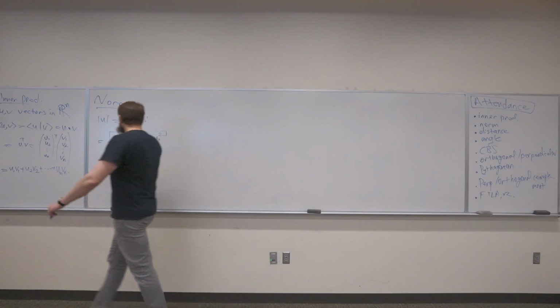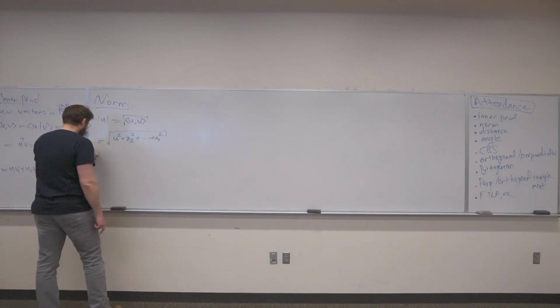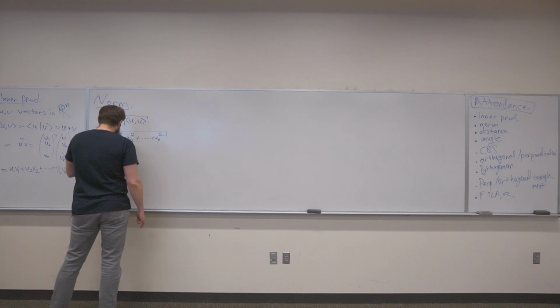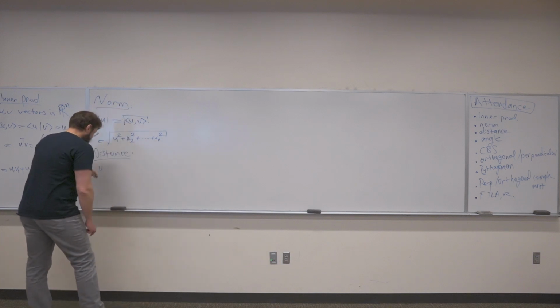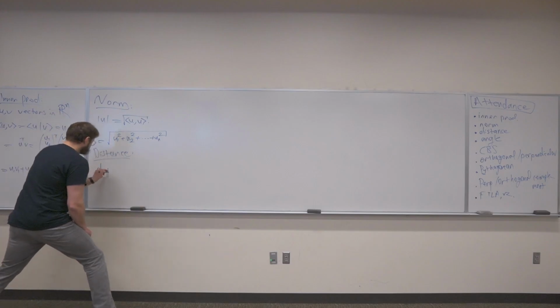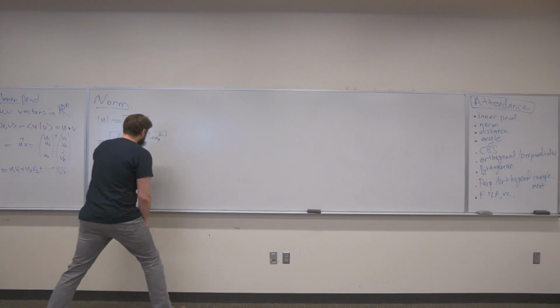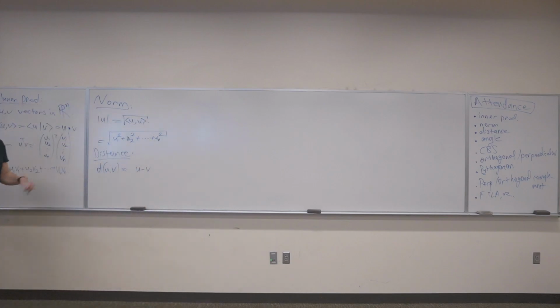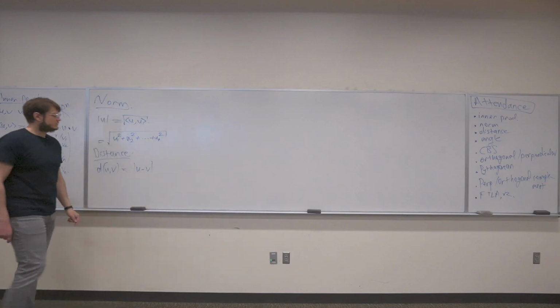That was norm. The next thing is distance. So the distance between two vectors u and v is nothing but the norm of their difference. So you look at the vector that is u minus v, that's a vector in and of itself, take its norm. Okay?